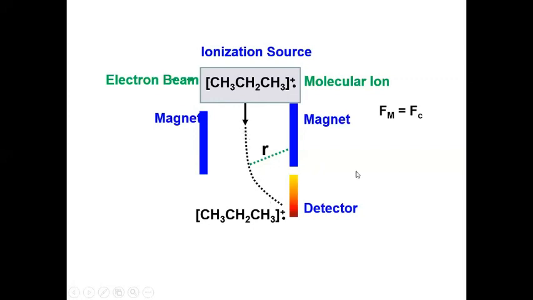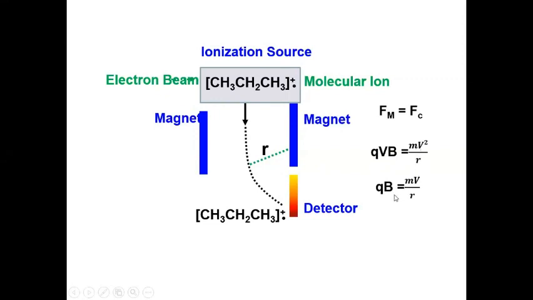Curvature means there will be a centrifugal force, and we know that the magnetic force is equal to QVB. Q is the charge of the molecule, V is the velocity, and B is the applied magnetic field. M is the mass of the molecular ion.